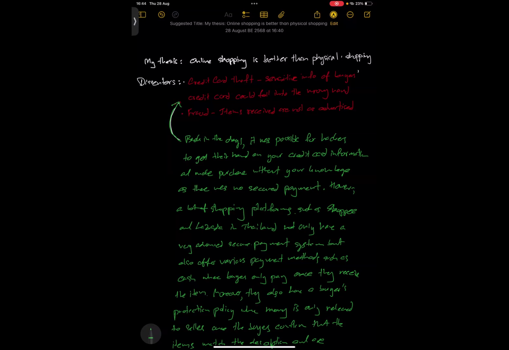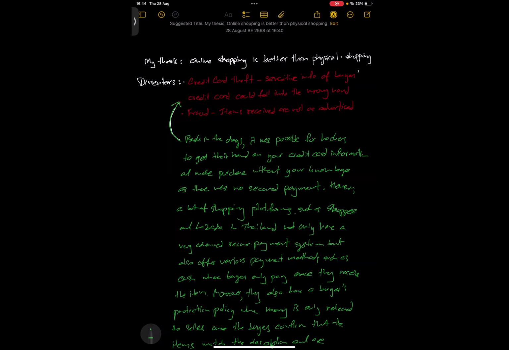And if that is not good enough, many online platforms have a consumer protection policy. Every time you buy something and it is delivered, you have to click confirm that the item has been received. You will have, I don't know, maybe 1 week to do so. If you click reject, if you refuse to receive the items, then the items will be sent back to the seller, and the money will be refunded to you.